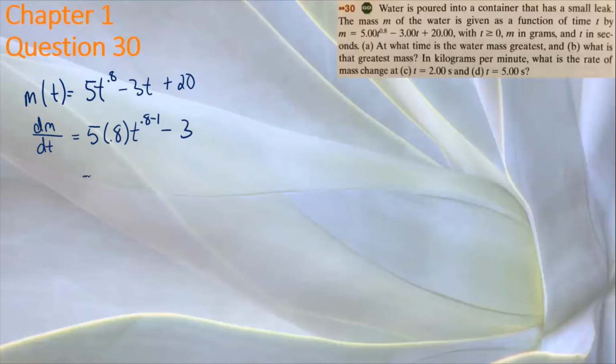So if we reduce all of our terms, 5 times 0.8 is equal to 4 t to the 0.8 minus 1, which is negative 0.2, minus 3.